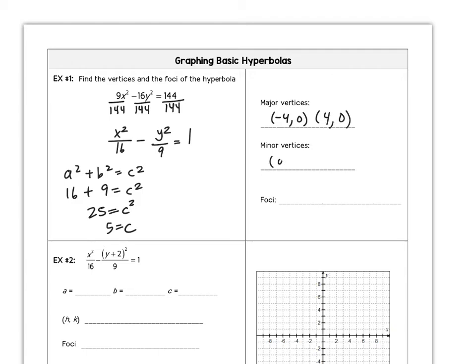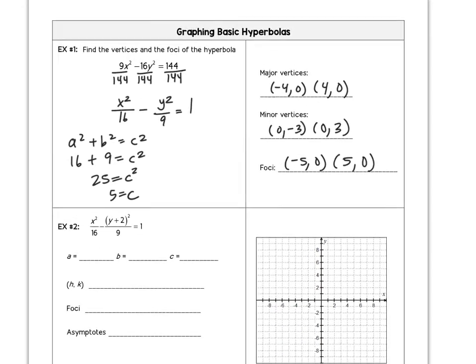The minor ones would be 0, negative 3, and 0, 3. And then the foci would be negative 5, 0, and 5, 0. A lot of times if you graph it, it helps you to see that easier than memorizing it. So if you need to do that, I totally understand.